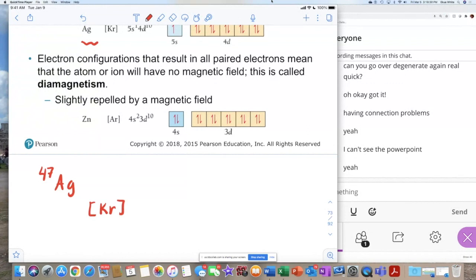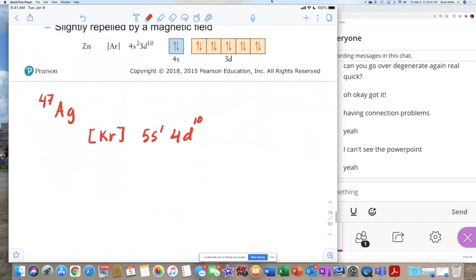From krypton, to get to silver, we go to 5s2, and then 4d9. But remember, this one has that special configuration, which is going to be 5s1, 4d10. So you can see here that the one electron in the s sublevel is unpaired.